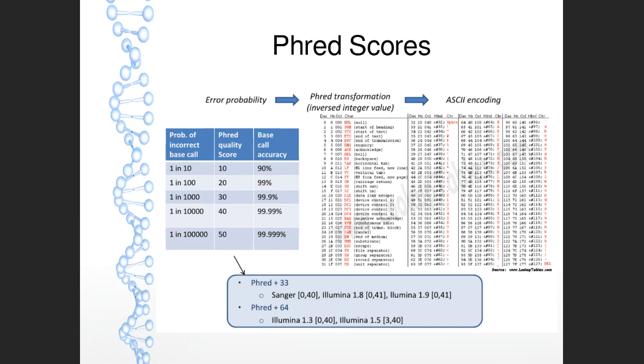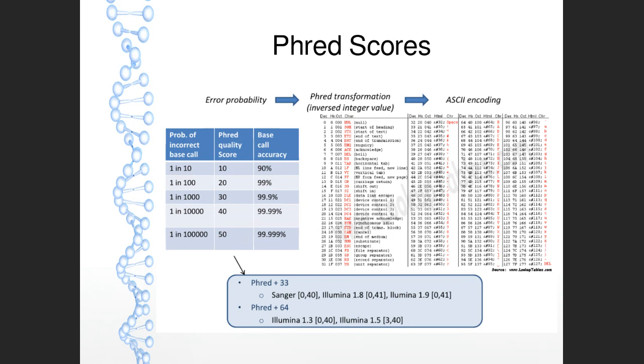But it's important to know what that Phred quality score means. So for this table, our central column here is the Phred quality score from 10 through to 50. A Phred quality score of 10 means that we have a probability of an incorrect base being called at that position of 1 in 10, so 90% accuracy.